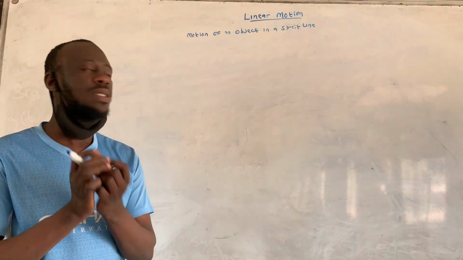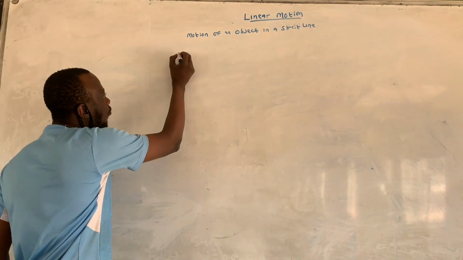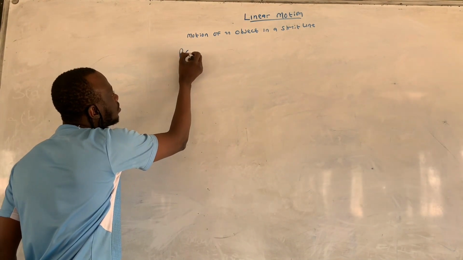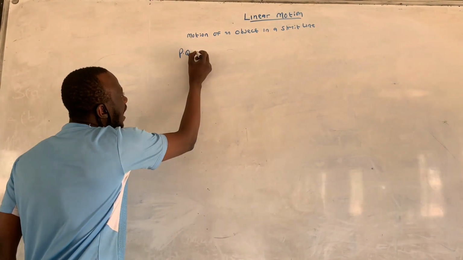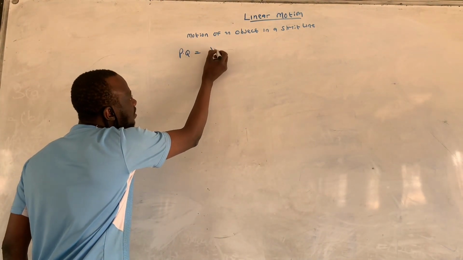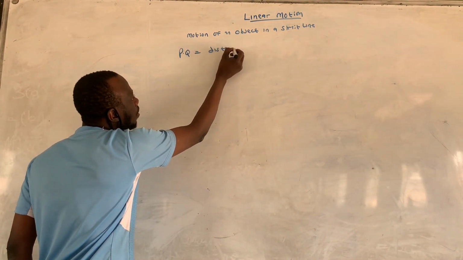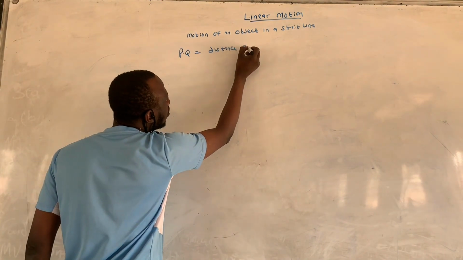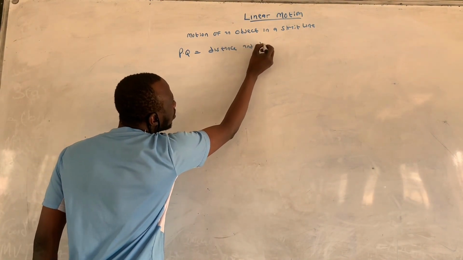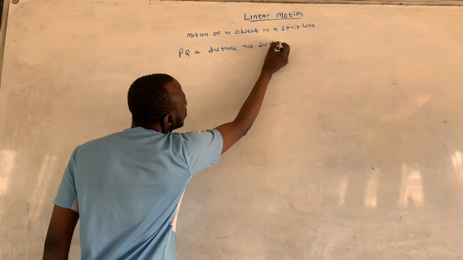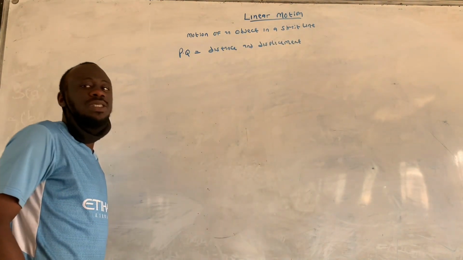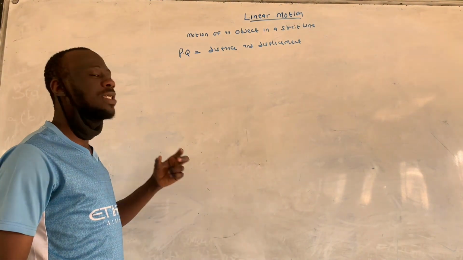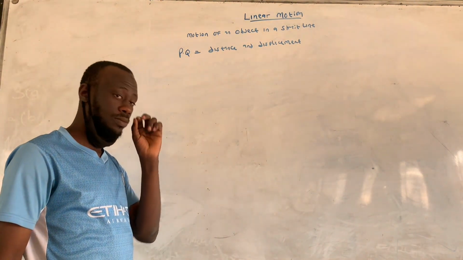These physical quantities come in two sets. The first set is distance and displacement.